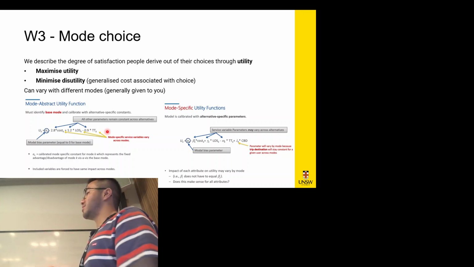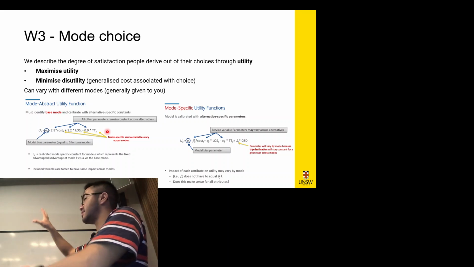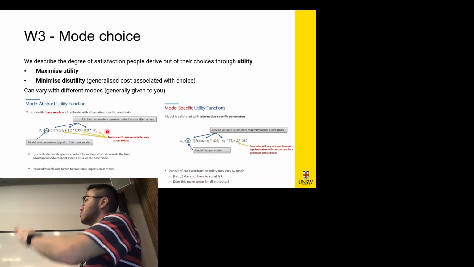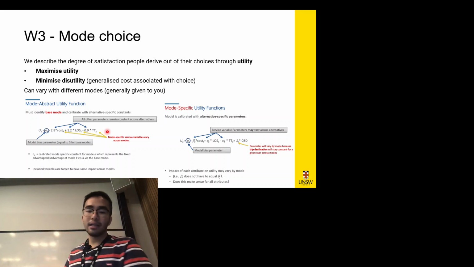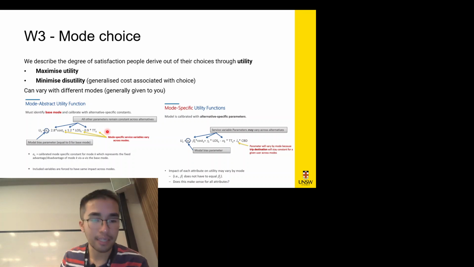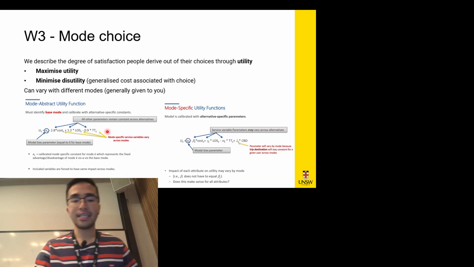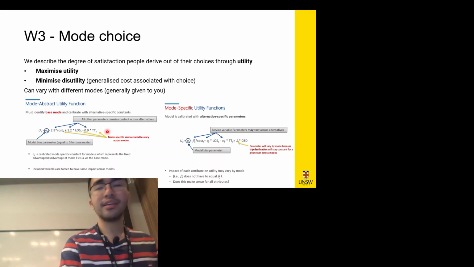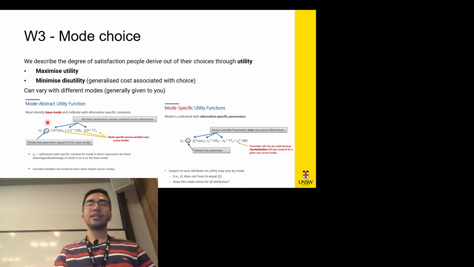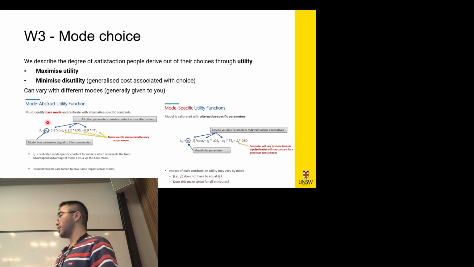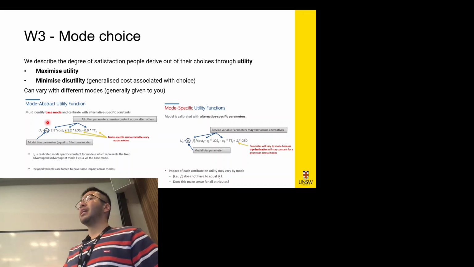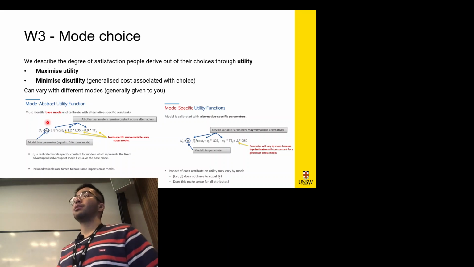But this is what transport planners do. They figure out what the factors are, and they have a mathematical model to see what's the probability. And the first step to do that is through utility, okay? So we need to calculate what utility is. And what you'll get at the end is a number, utility. And often in transport, that number is negative, okay? And we want to ensure that negative number is not very big.